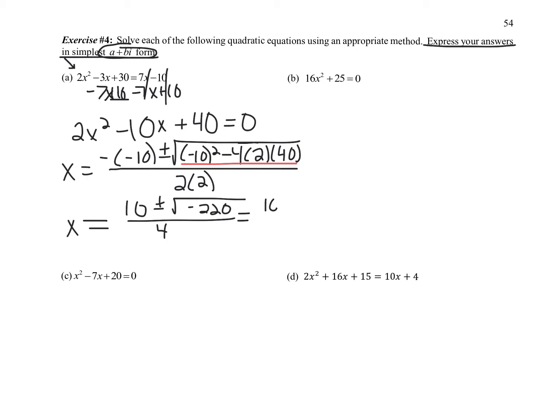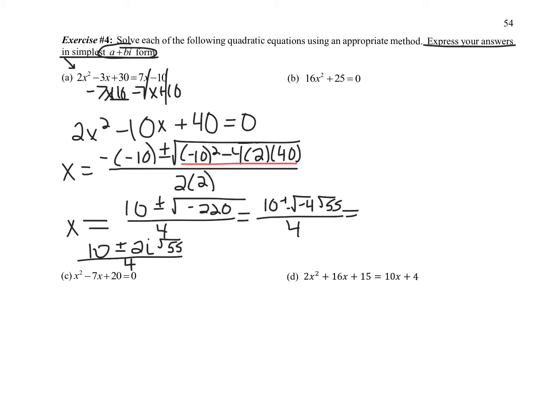So I'm going to break that radical up into square root of negative 4 times the square root of 55. Then when I rewrite this, I have 10 plus or minus 2i radical 55, because I simplified the square root of negative 4, over 4.